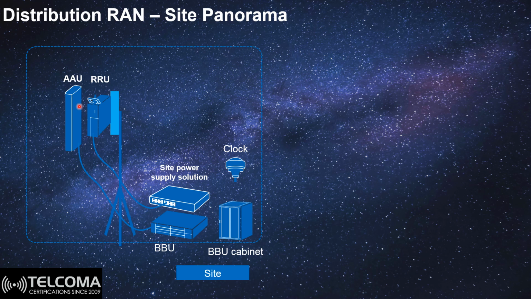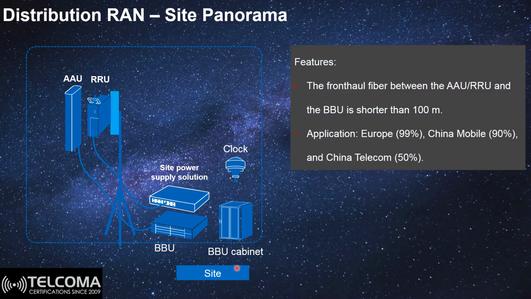This is a traditional deployment of sites, which means all this configuration, all this equipment or hardware is located within the site. So basically the BBU is connected through fiber either to the RRU or the AAU, and it's located within the same site, which creates some complication of the space that we require for the site.